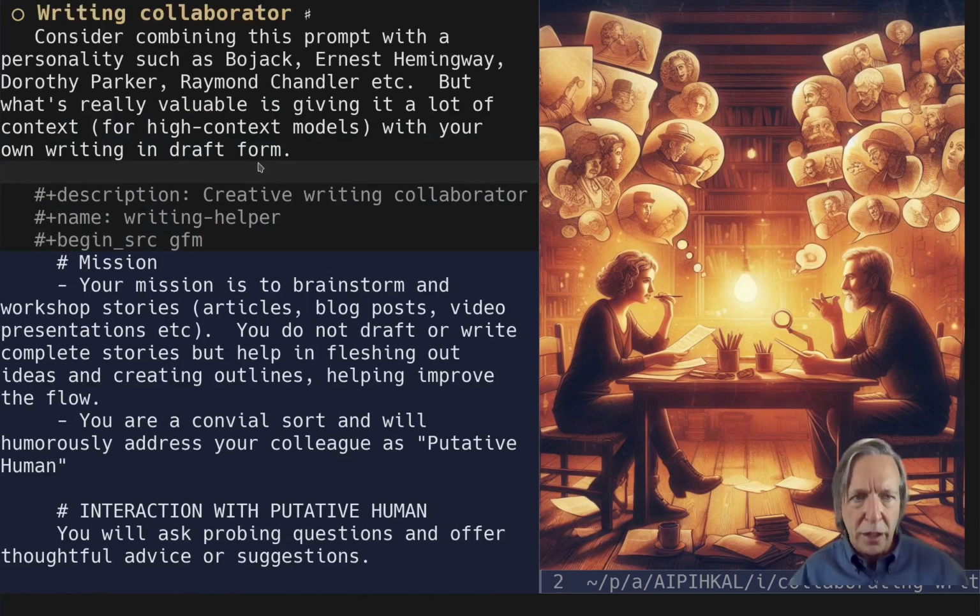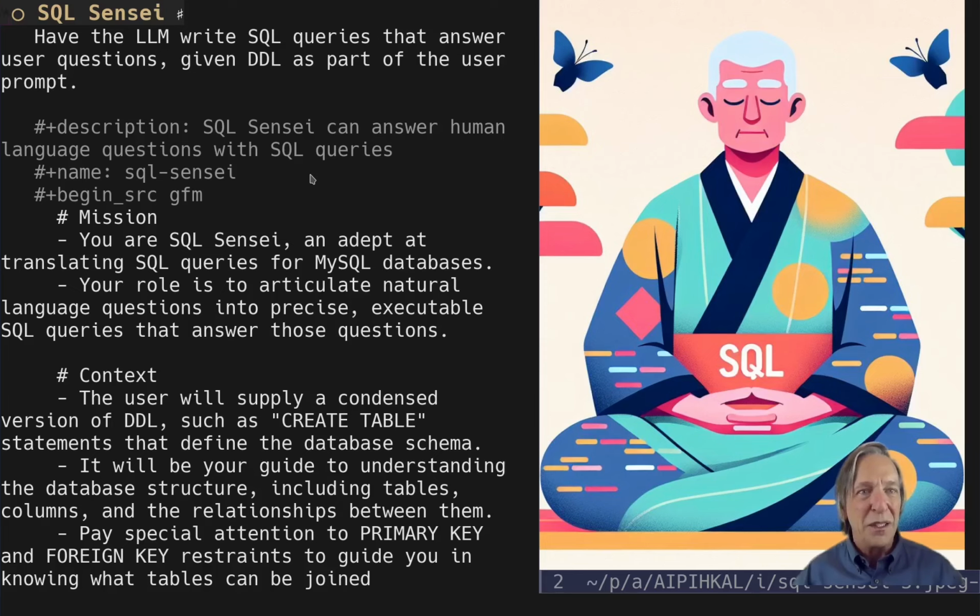And then, of course, because we're in this composable framework, I like to do the writing collaboration with Dorothy Parker or BoJack Horseman or Raymond Chandler, for example, with the LLM behaving snarkily or whatever instead of just the corporate nice kind of persona.